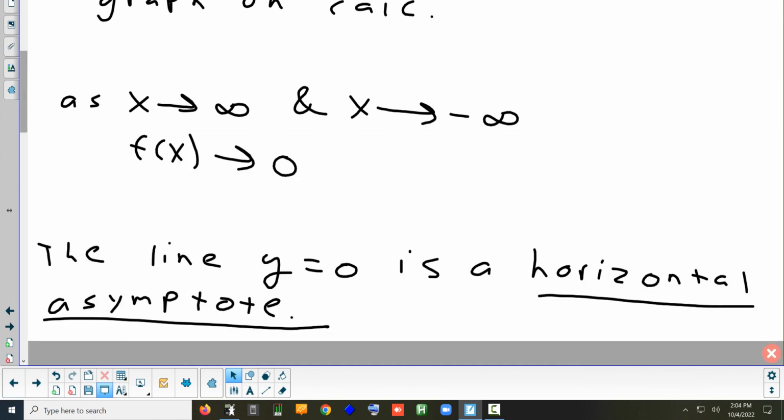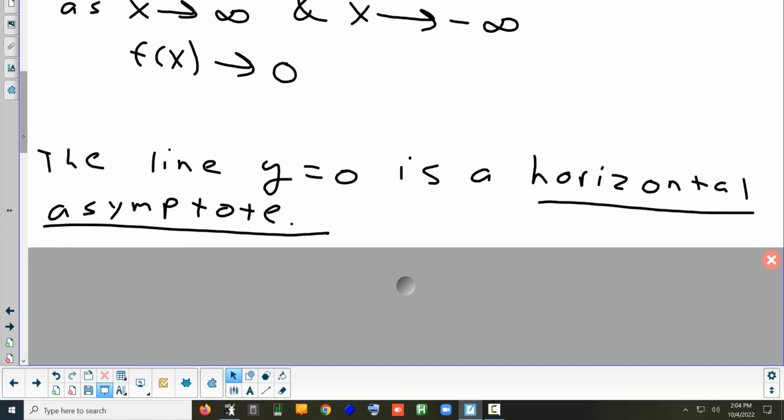So as you head right and left on this particular graph, you got very close to 0. Is it always going to be 0? No. It depends on what your graph is. But if you get closer and closer to a number as you go left and right, that number is called a horizontal asymptote.